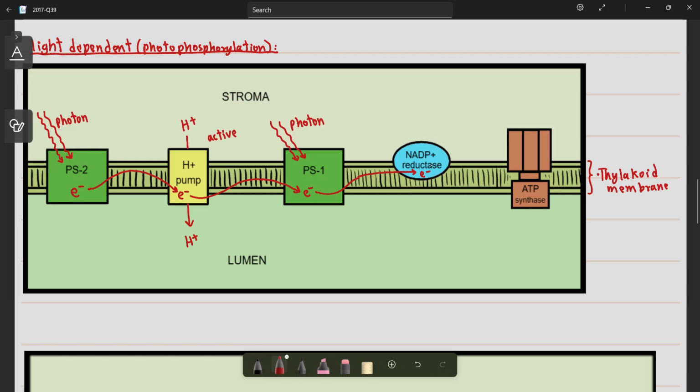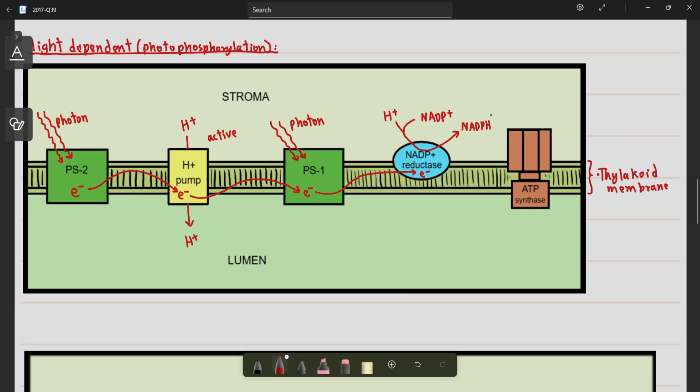The function of NADP plus reductase is that it uses this electron to pass to a structure which is NADP plus. So this compound gains the electron from NADP plus reductase, and the reductase also combines the proton with the NADP plus, and along with this, the electron is also combined to form NADPH.